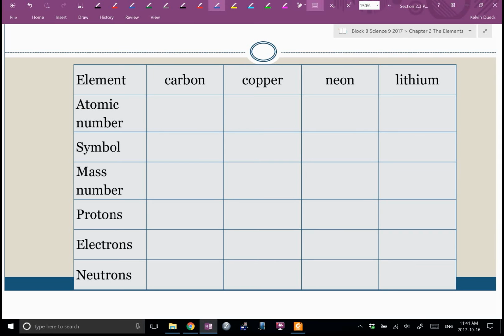Show him where it is on his table. Okay. Atomic number is? Good. Let's all fill that in. What's its symbol? Capital C? One letter? What's its atomic mass rounded off to the nearest whole number?